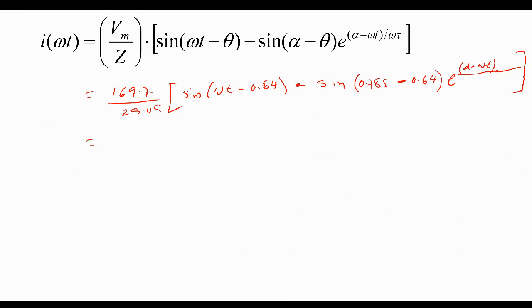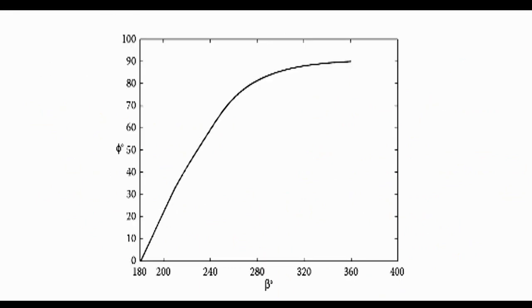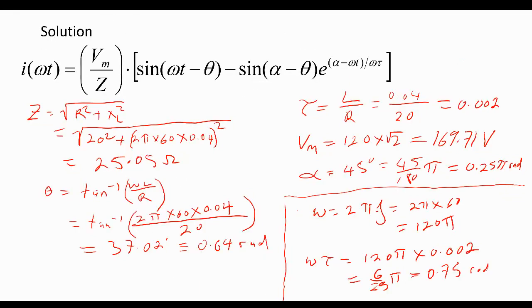What did you want to be? 0.75. The omega, you mean omega? It's not W, we use omega. Omega is 2 pi f. So the frequency you're told is 60, so that's 120 pi.